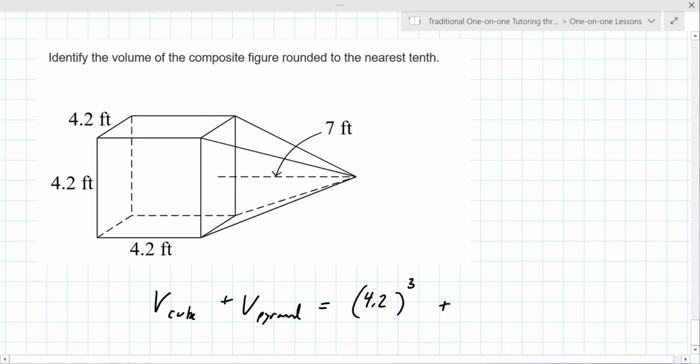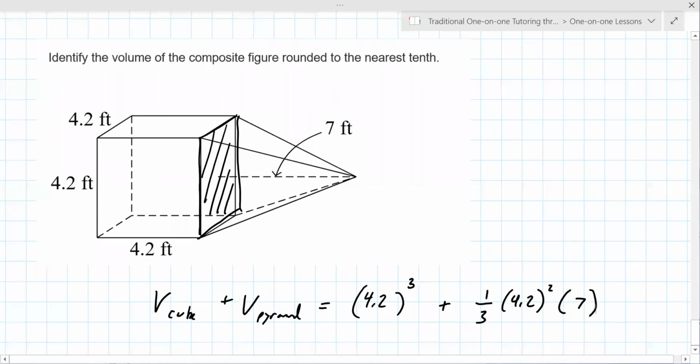The volume of the pyramid is 1/3 the area of the base. What's the area of the base, or what's the shape of it? It's a square. So that's actually 4.2 squared, right? 4.2 times 4.2 times the height, which is 7. All right.